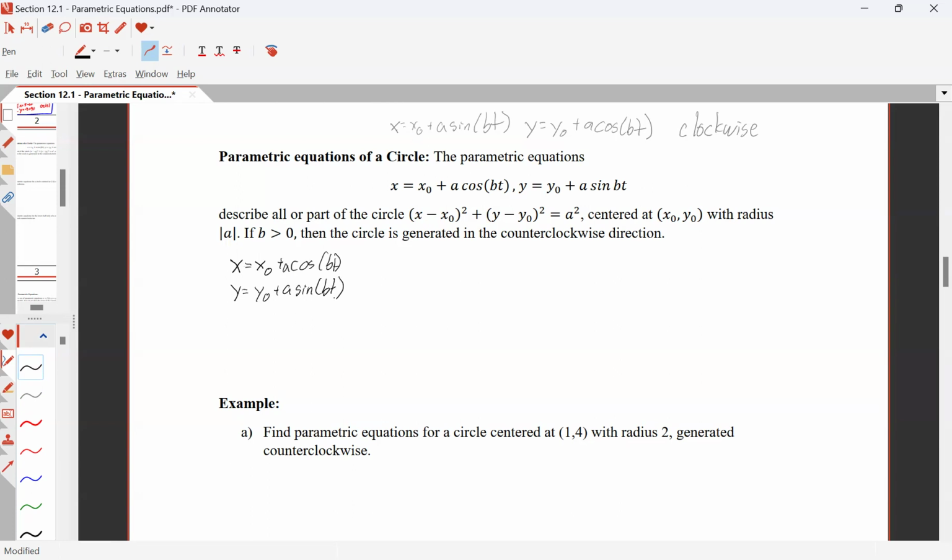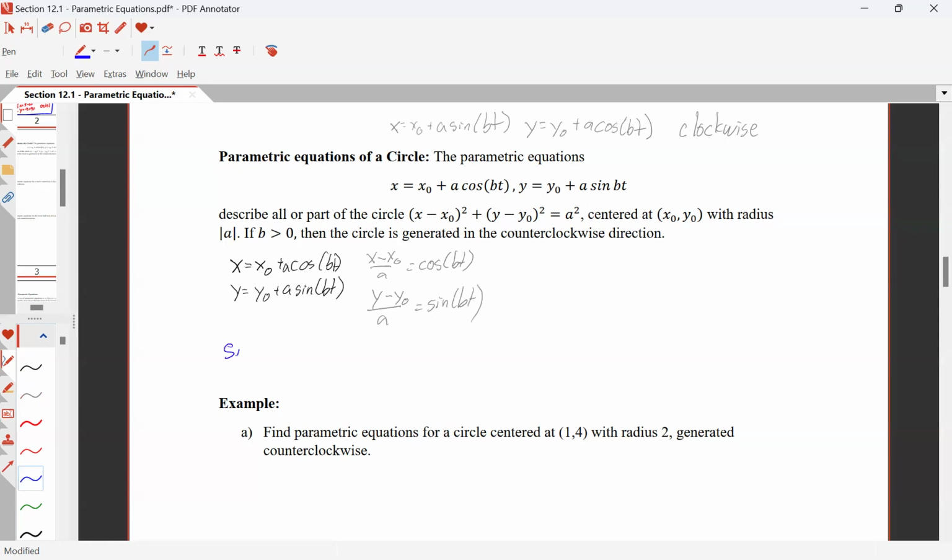We can solve for sine and cosine by saying (x minus x naught) over a equals cosine bt, and (y minus y naught) over a equals sine bt.